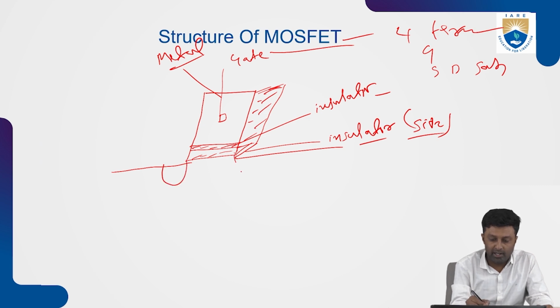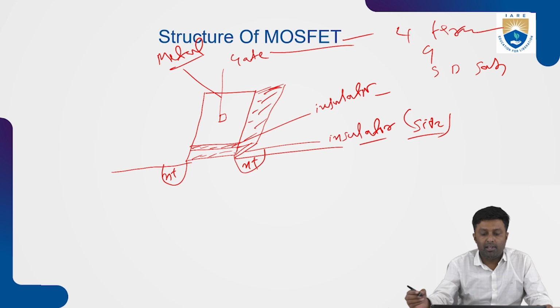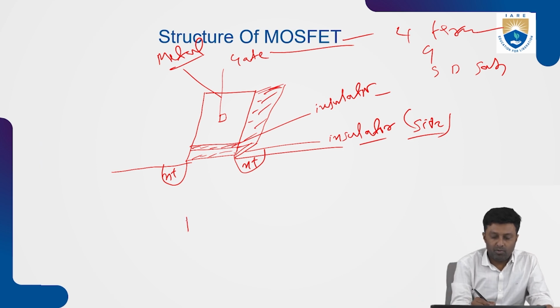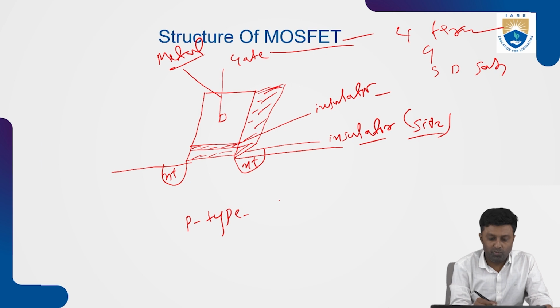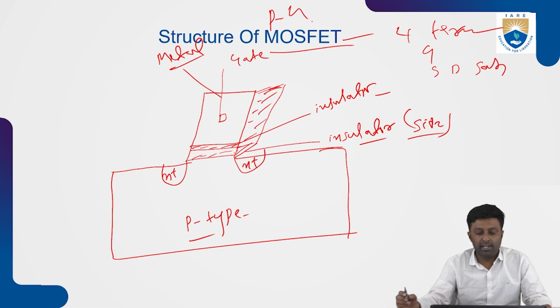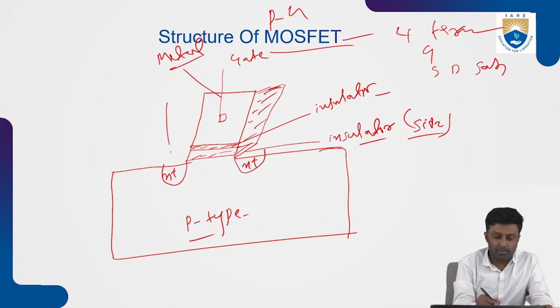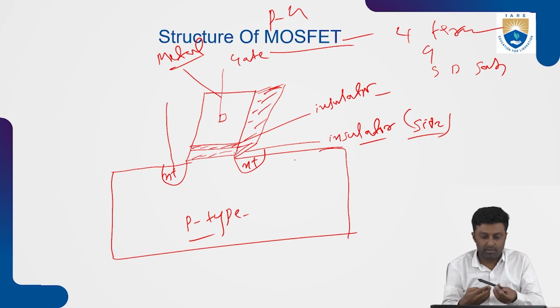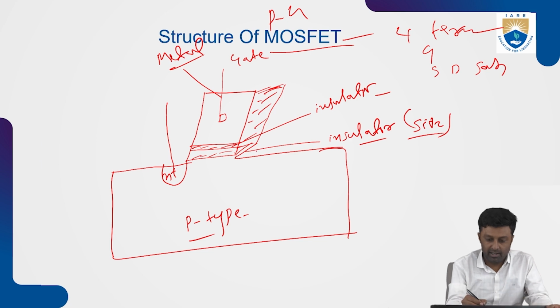Then these two regions are N plus. We'll take for example a P type MOSFET. In the P type MOSFET, these two terminals are called the source and the drain.